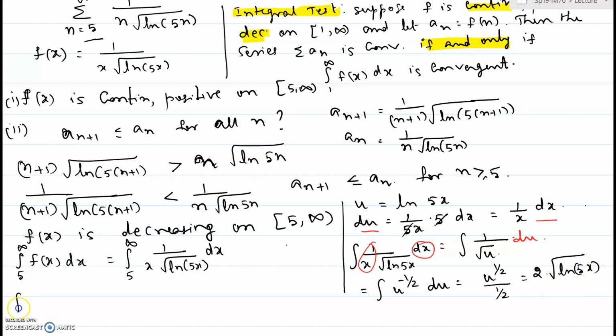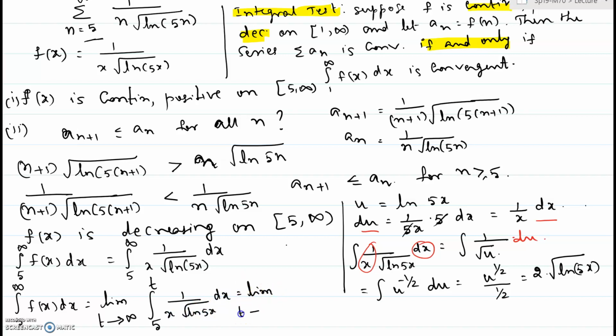So the integral from 5 through infinity of f(x) dx can be written as the limit as t approaches infinity of the integral from 5 through t of 1 over x square root of ln of 5x dx, which we already evaluated.